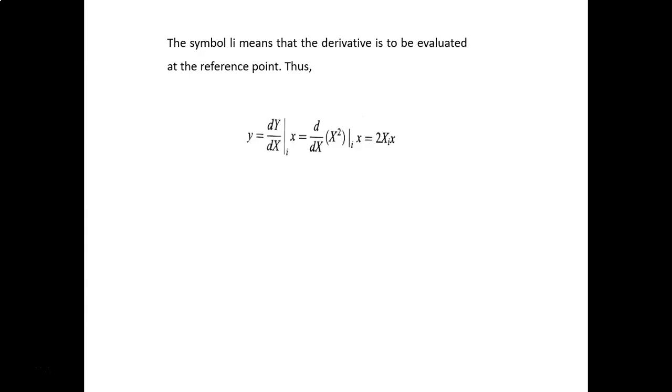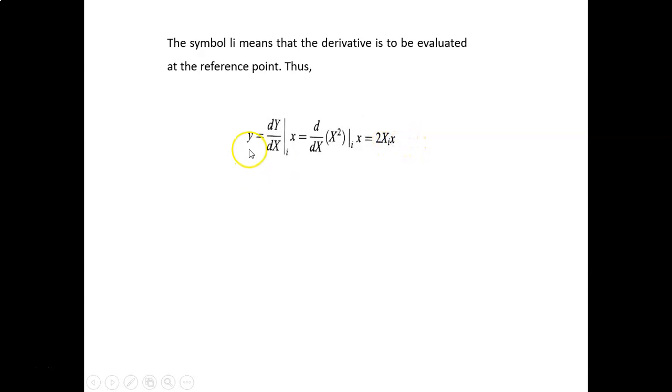Therefore, small y is equal to dy by dx at the reference point I into small x, which is equal to d by dx of x square at the reference point I into small x. What is the derivative of x square? Derivative of x square is 2x. Therefore, at the reference point I, 2xi into small x.